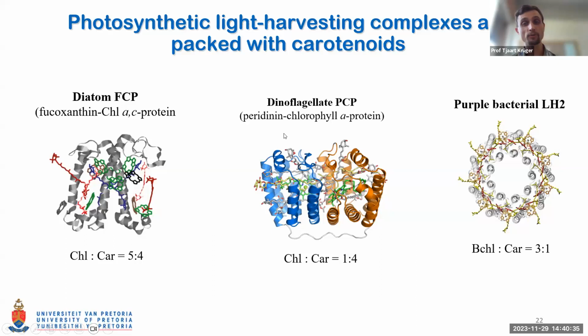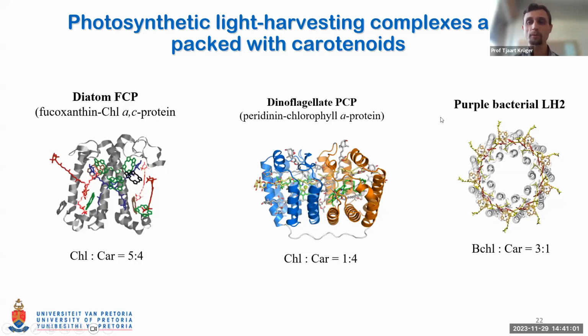In the case of dinoflagellates, another photosynthetic system, the light harvesting complex is PCP, which stands for peridinin chlorophyll A protein. In this case, the carotenoid is peridinin, and now the chlorophyll-carotenoid ratio is 1:4. So an extremely high carotenoid content compared to the main light harvesting pigment, which is chlorophyll.